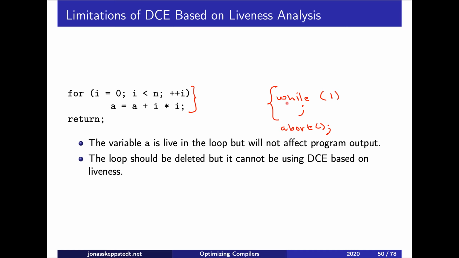So removing everything that does not affect the observable output would actually change the observable output of the program, since now we would leave this infinite loop and come to this abort function and terminate the program.